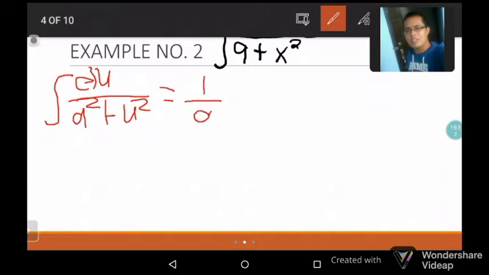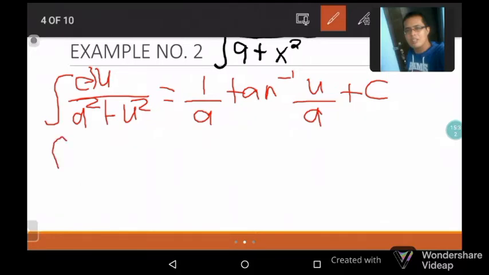Okay, so magiging ano siya. So, dx, alulong natin, over 9 plus x squared. Okay, isulat natin u squared is equal to x squared.